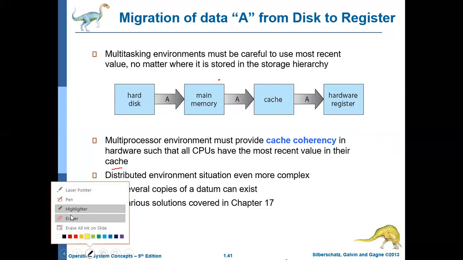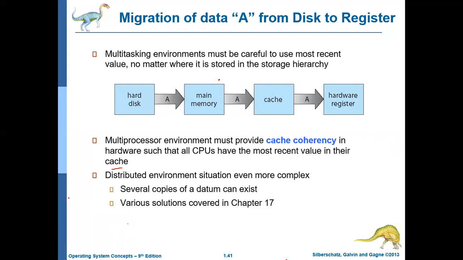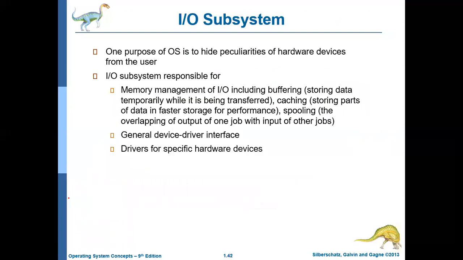The next concept we will be discussing is the IO system, the IO subsystem. One of the core purposes of the operating system is to hide the complexity, or the unique nature, of different hardware devices. Different hardware devices may work in different styles.